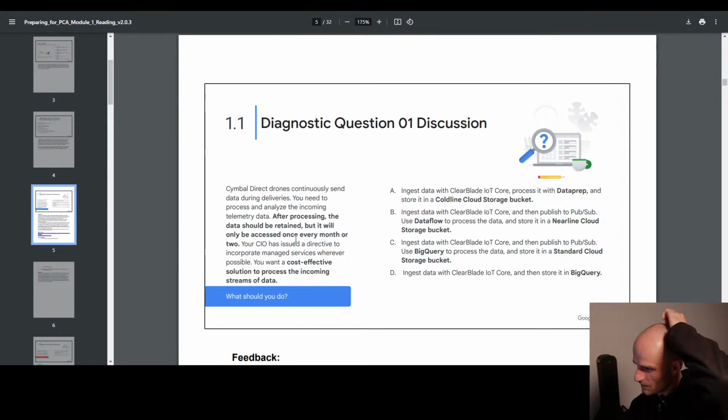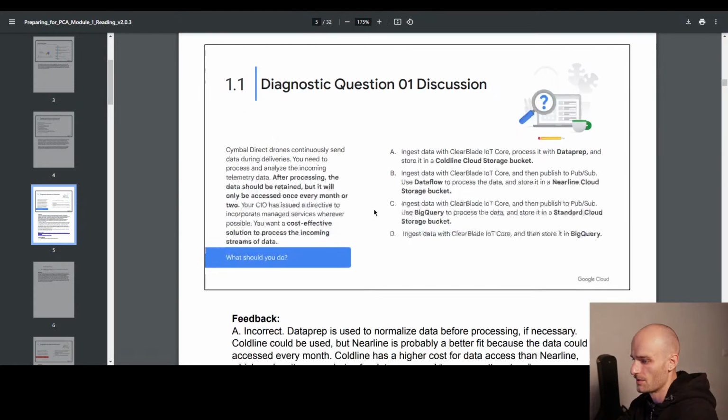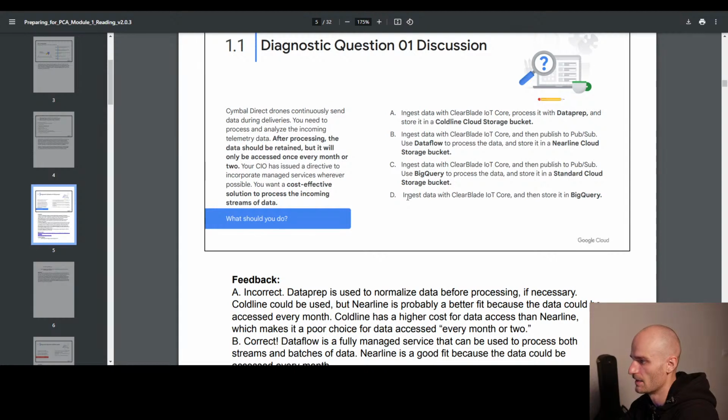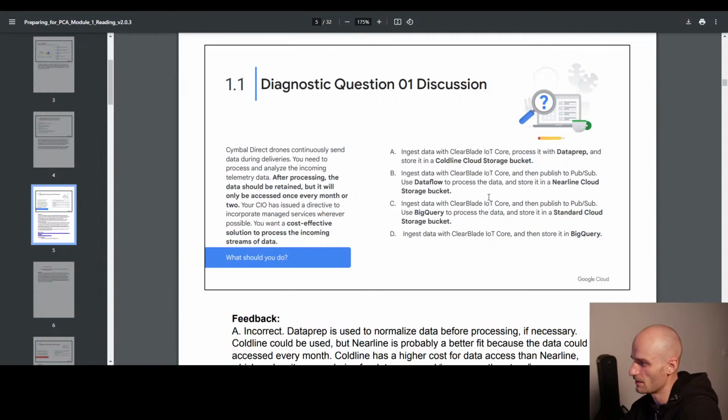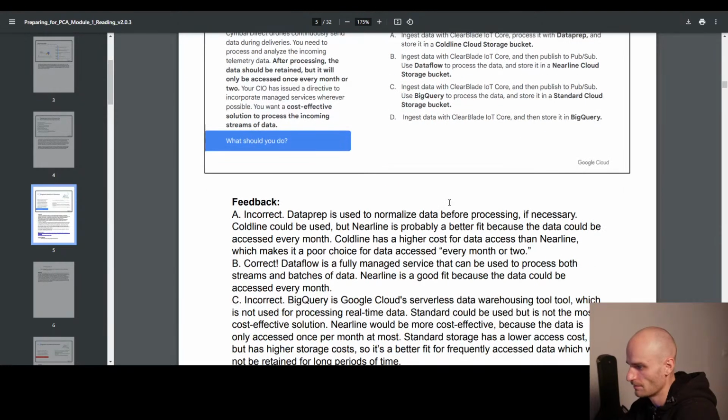Simple Direct runs continuously; after processing, data should be retained, but it will be accessed rarely, on a cost-effective solution, and so on. So here I did it well at first. No, it was a mistake at first because I chose Coldline with Dataprep. Incorrect. Dataprep is used to normalize data before processing.